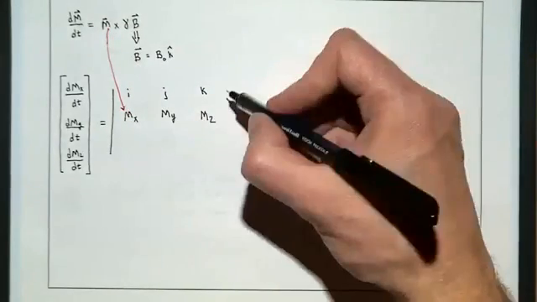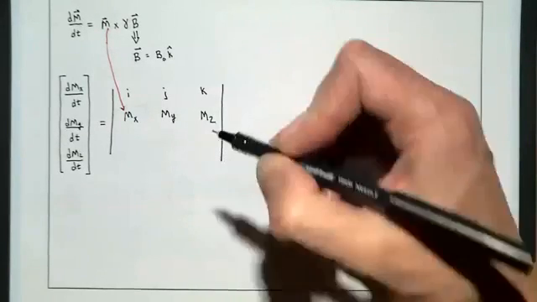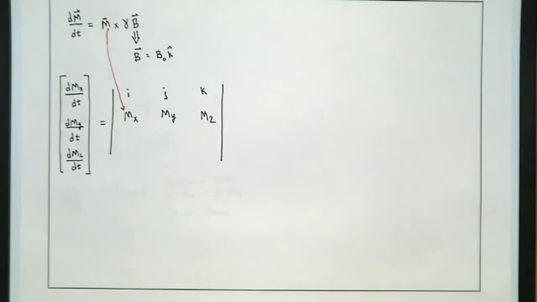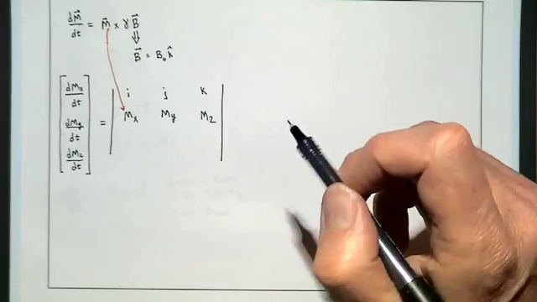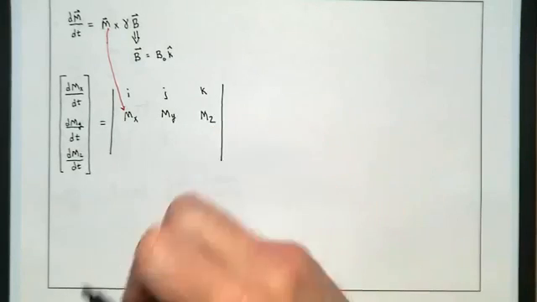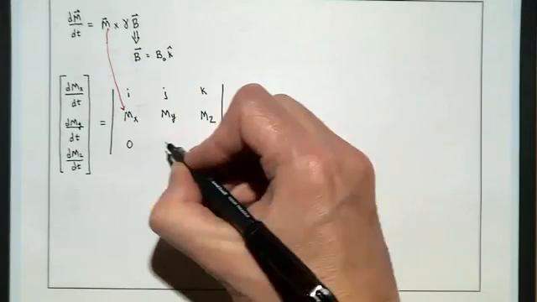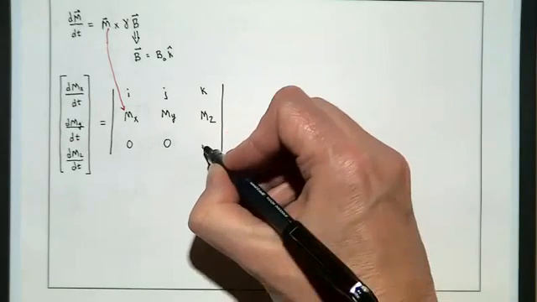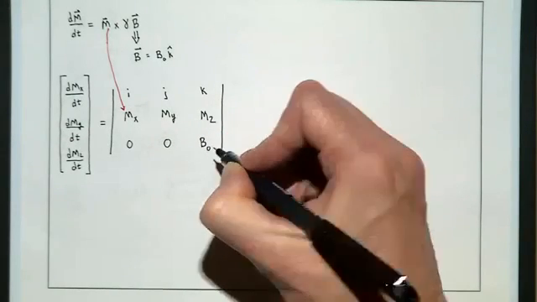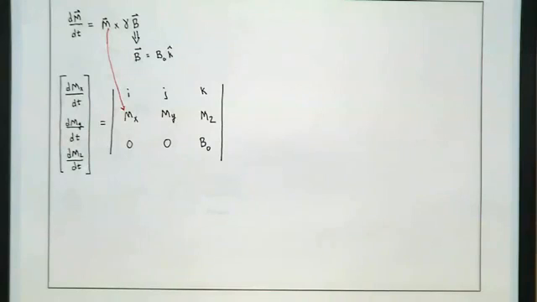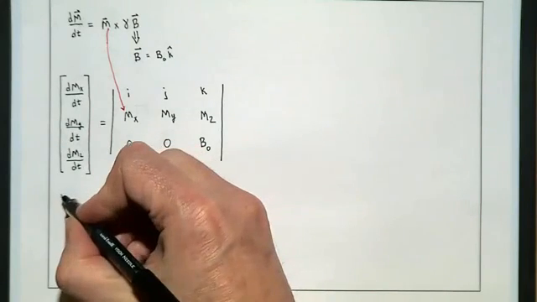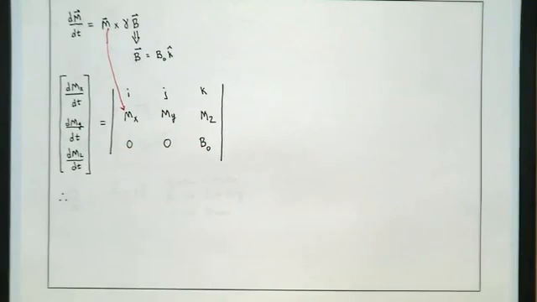And now we need to also include in the last row, if you will, the components of our B field. So what should I write for my first entry? 0. Yeah, 0. Second entry? 0. 0. Third entry? B0. B0. Perfect. Okay, so now I have something that I can work with a little bit more, and I can write out individual differential equations.